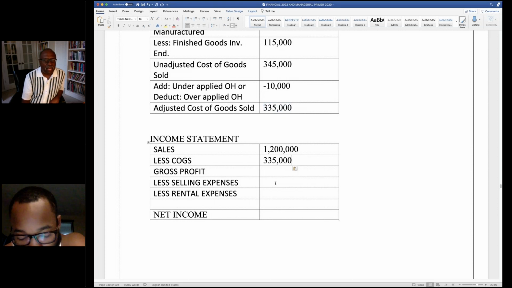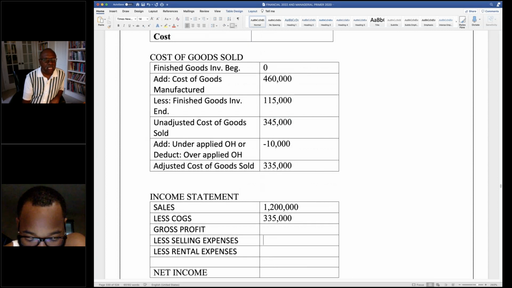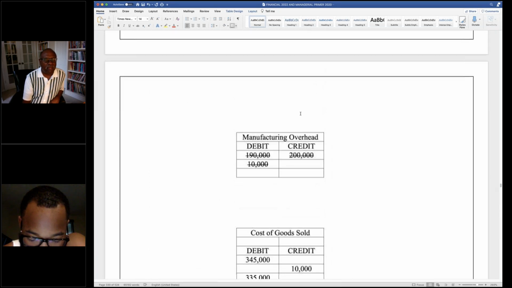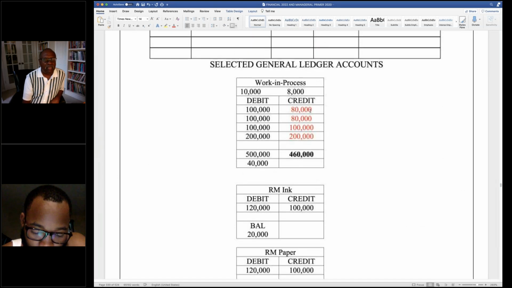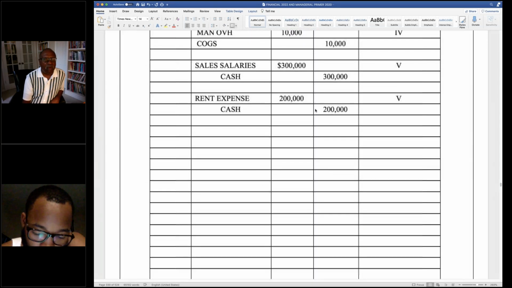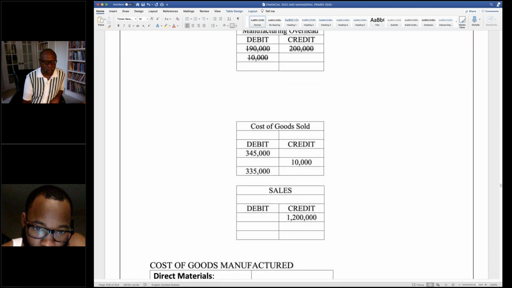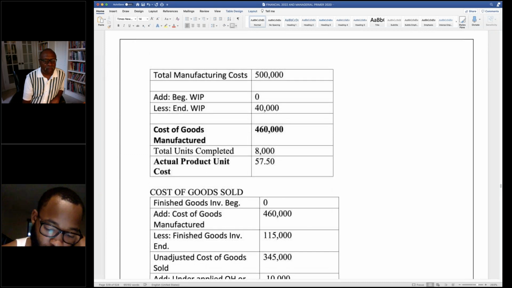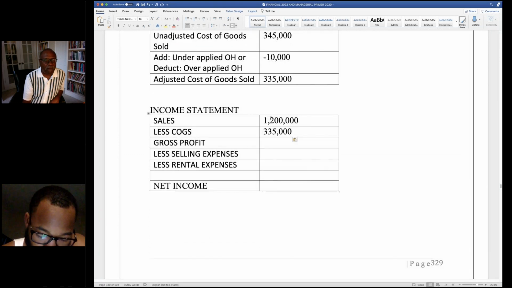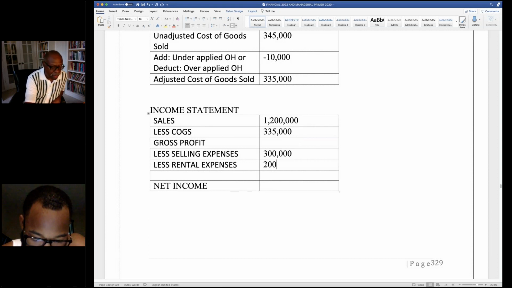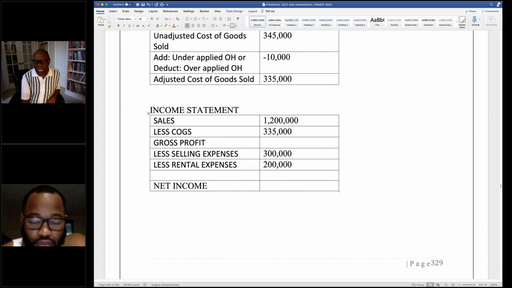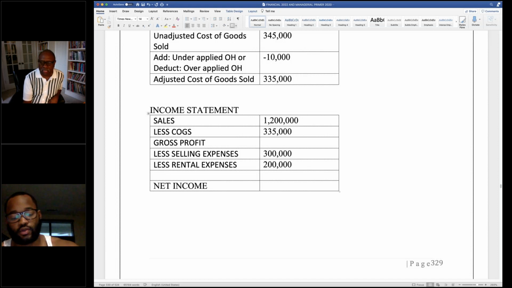Then we're going to put the selling expenses in here, which were what? 300 and 200. I'm assuming you can take it from here. Any questions? Any comments on what you're going to have to do on Thursday?